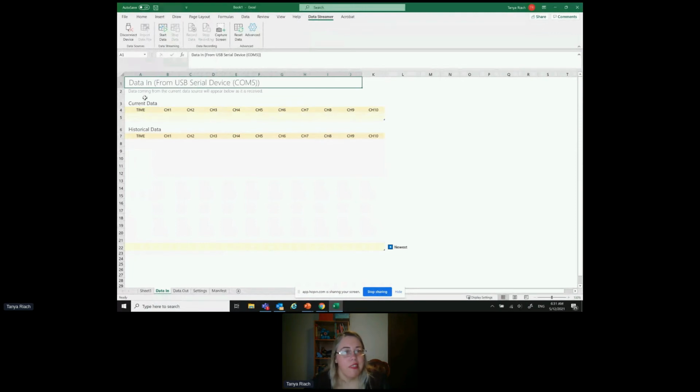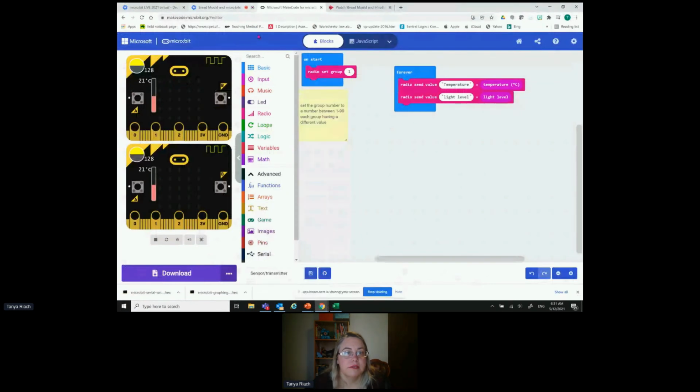It was just another way to capture the data. Some groups had used this before the update to microbit, where you could find the streamer and have it being graphed in this section, so they knew what they were doing and wanted to go further. But for most groups, the microbit simulator was just perfect and nice and easy to use.